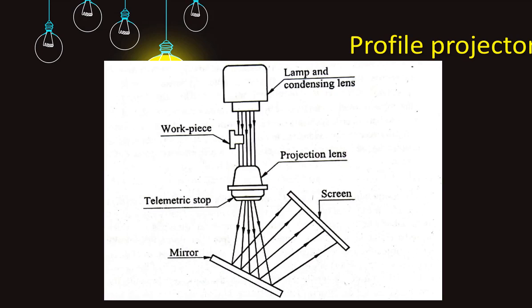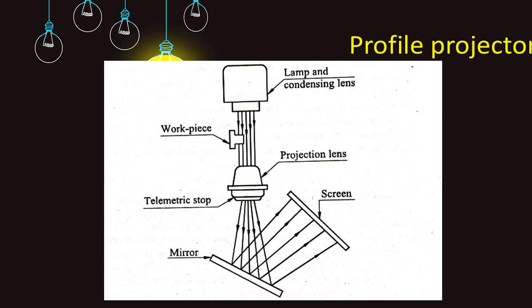In most projectors, the table can be moved in two mutually perpendicular directions in the horizontal plane, that is X and Y direction. The movement is effected by operating a knob attached with a double vernier micrometer, which can provide positional accuracy of up to 5 micrometers or better than 5 micrometers.